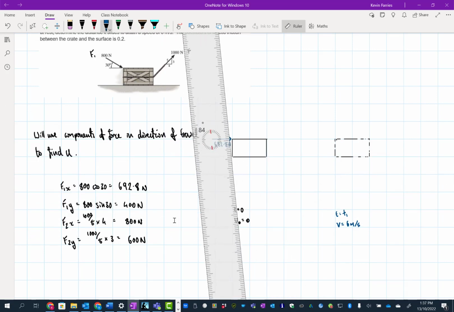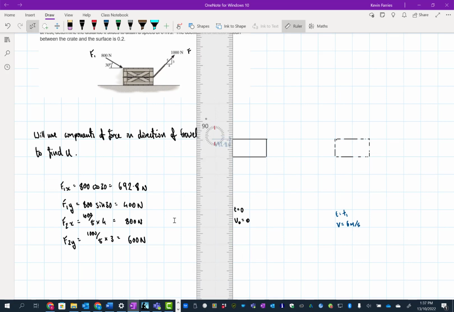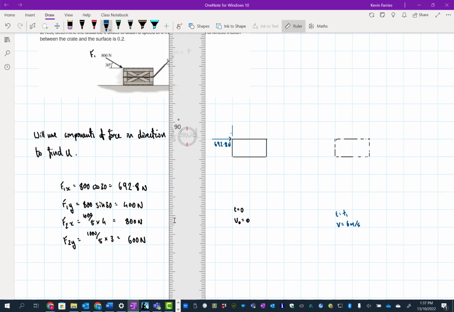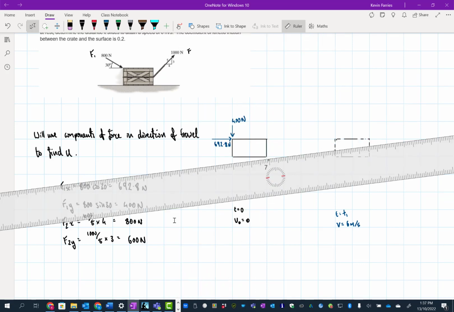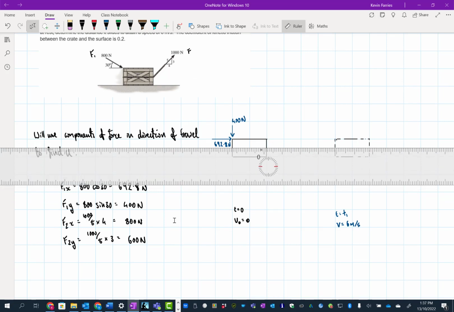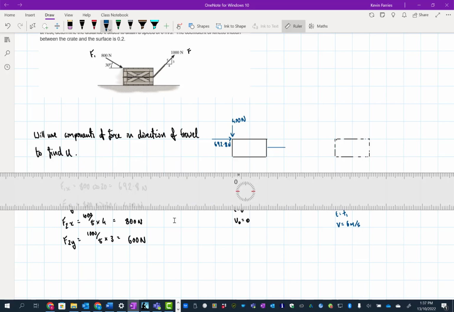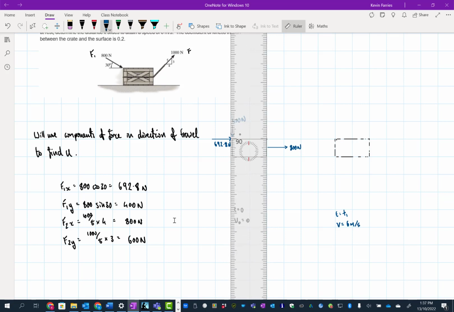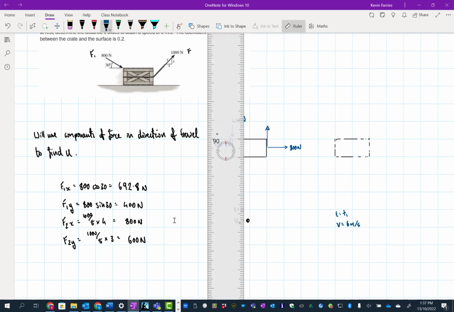F1y is 400 newtons. At the other end, we're pulling the x component 800 newtons, and the y component 600 newtons.